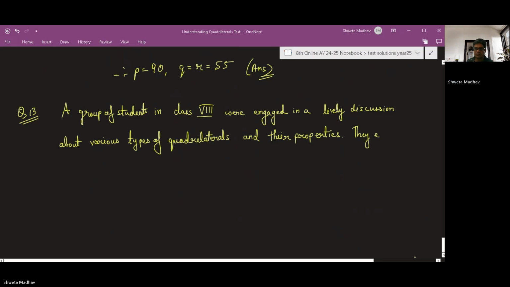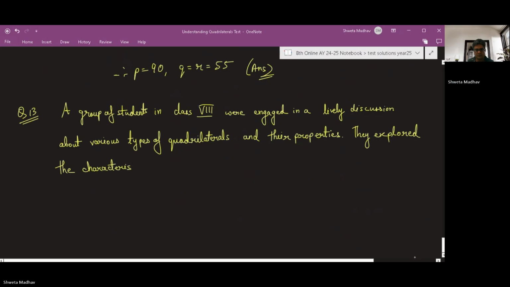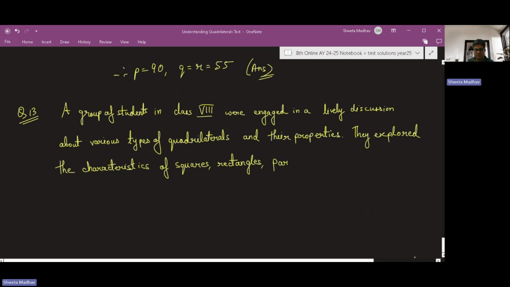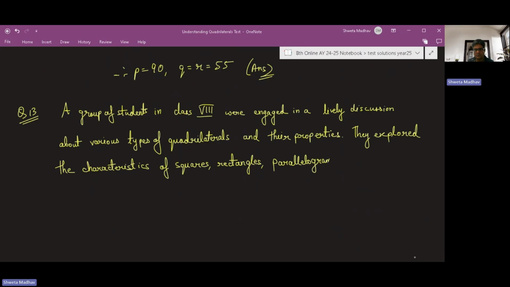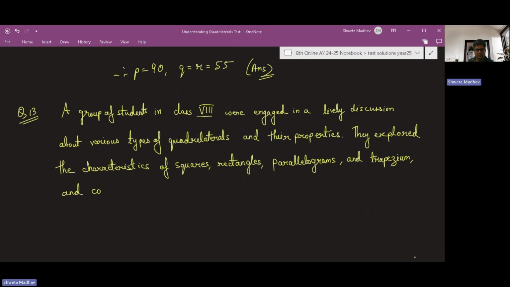They explored the characteristics of squares, rectangles, parallelograms, trapezium, and connected these shapes to real life situations.